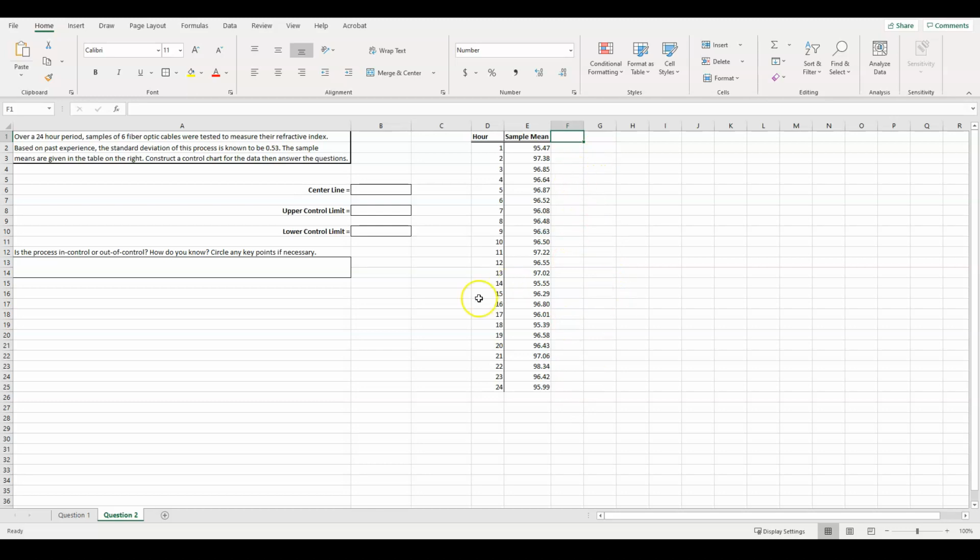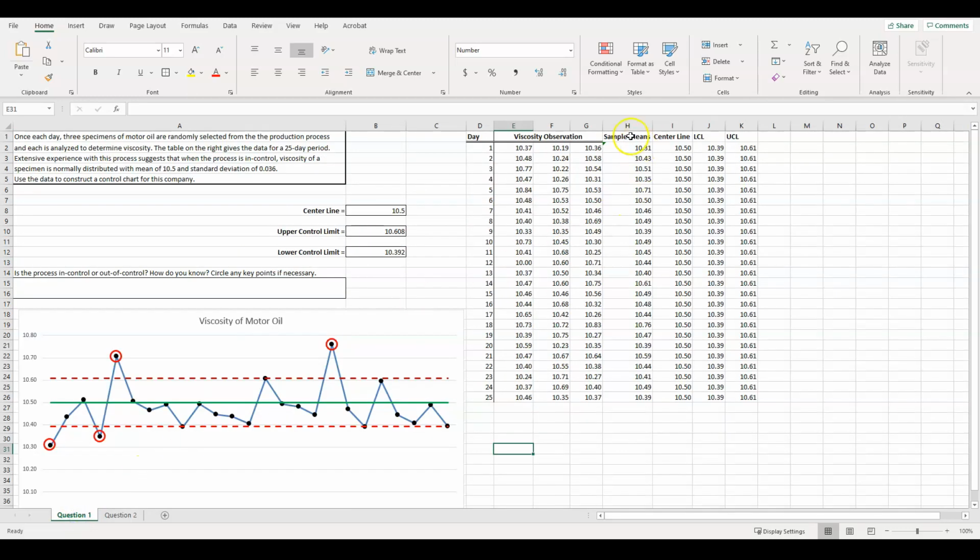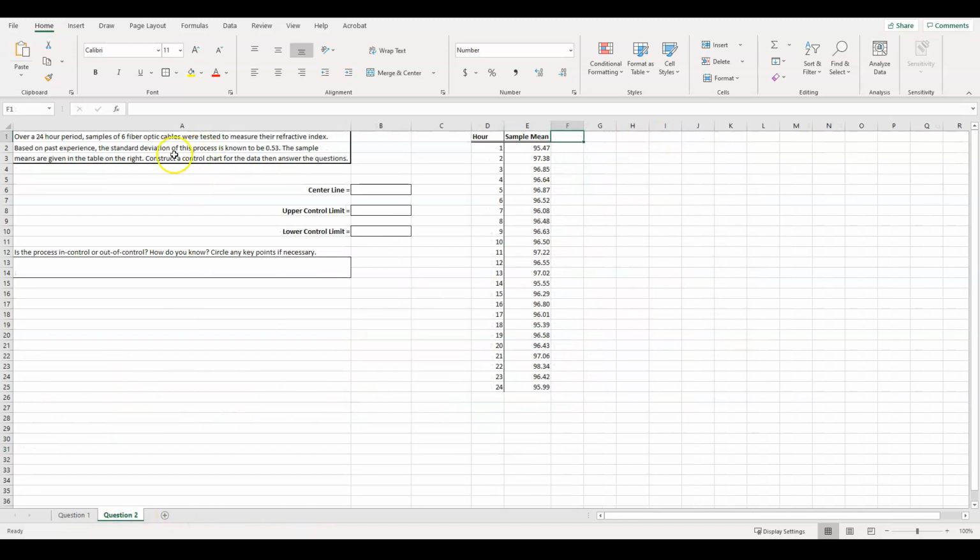Remember, center line is the mean. But in this question, it hasn't given you the mean. All right, so how are you going to get the mean to use? How are you going to find the center line? Well, in the absence of any other information, it's the mean, right? So you need to get the average of all this that you've been given, because it hasn't given it to you here.